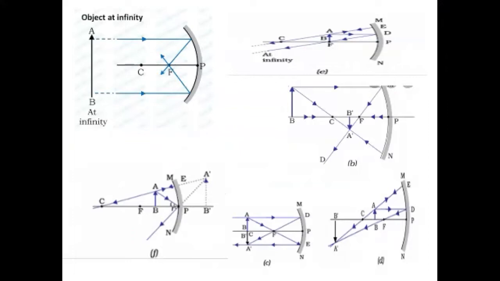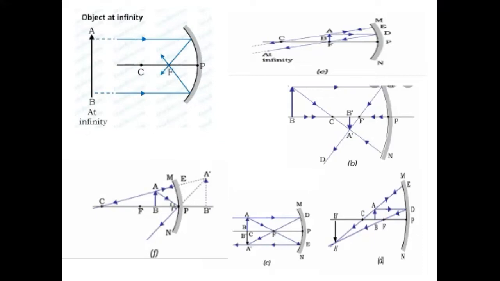In this class, we are discussing some positions of object and image formation, and that is represented here through a diagram, which is called the ray diagram. In this mirror, we can see that our object is at infinity.